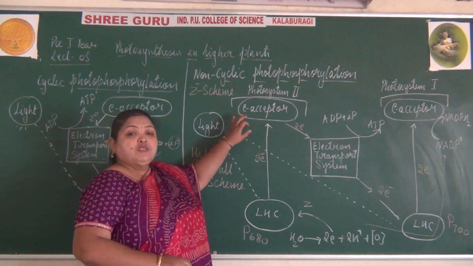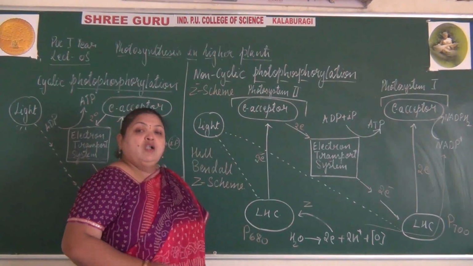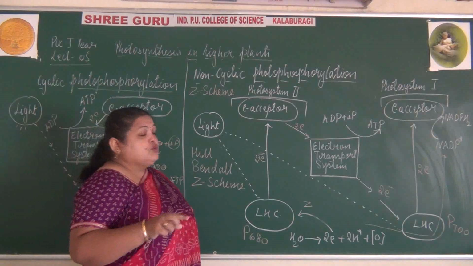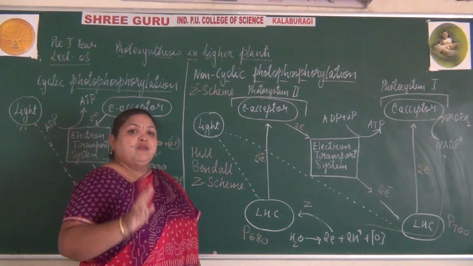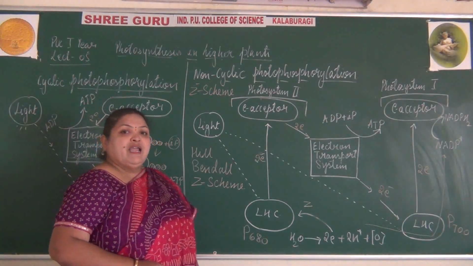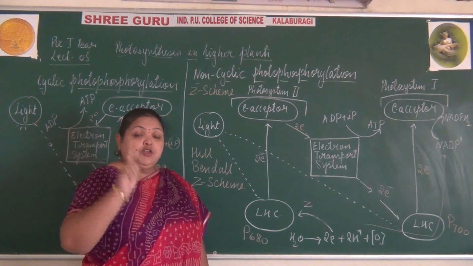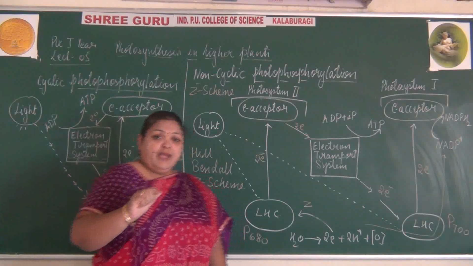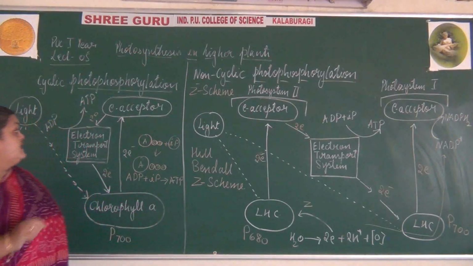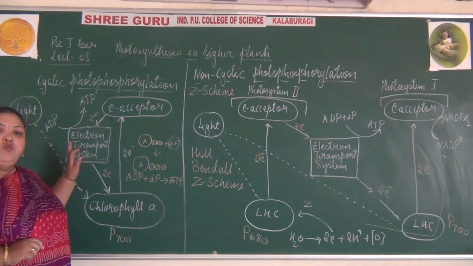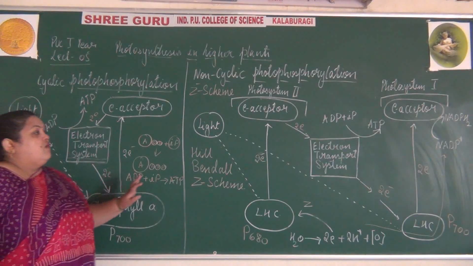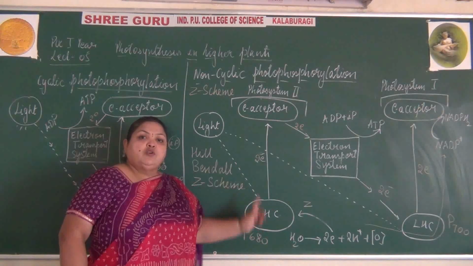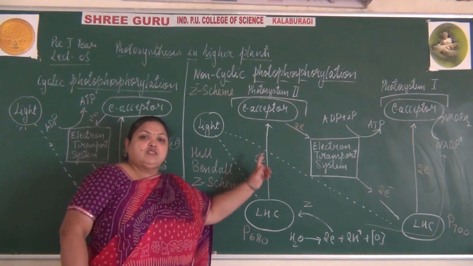Both photosystem 1 and photosystem 2 are involved in non-cyclic photophosphorylation. So that is the first point. What is the first point? In cyclic, only photosystem 1 is involved, while in non-cyclic both photosystem 1 and photosystem 2 are involved.